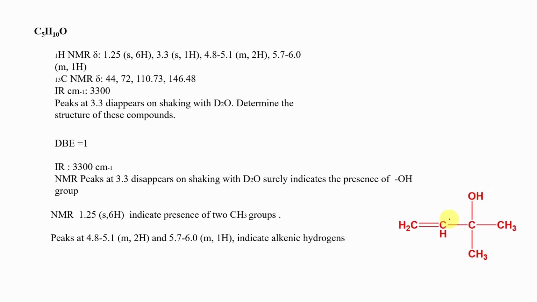Then you can see the alkenic group, where these hydrogens are not equivalent, and hence they give 2 peaks as multiplets with these values. Okay, and so our molecule is this.